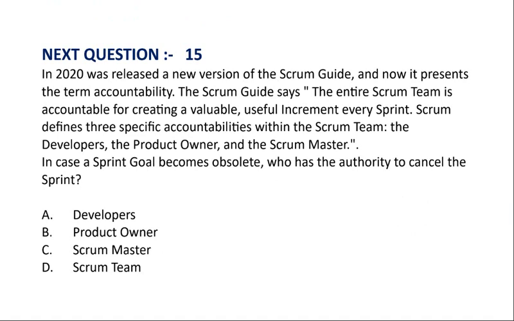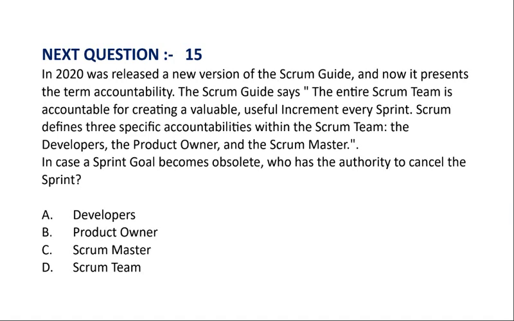Question is, in 2020 a new version of the Scrum Guide was released and now it presents the term accountability. The Scrum Guide says the entire Scrum team is accountable for creating a valuable, useful increment every sprint. Scrum defines three specific accountabilities within the Scrum team: the developers, the product owner, and the Scrum Master.